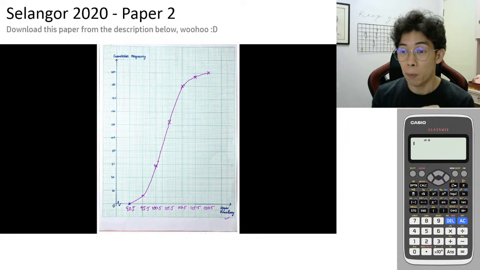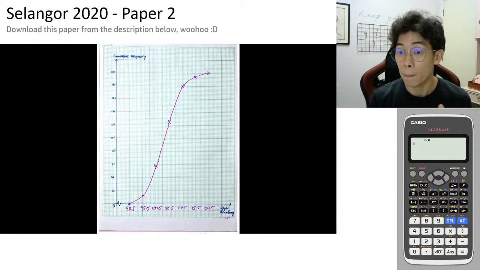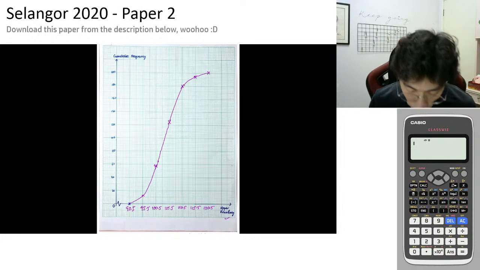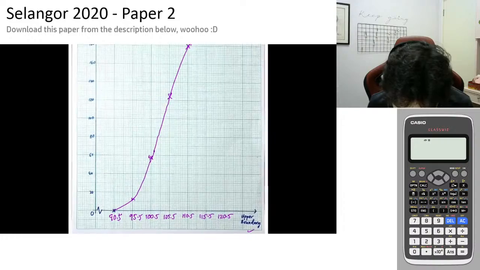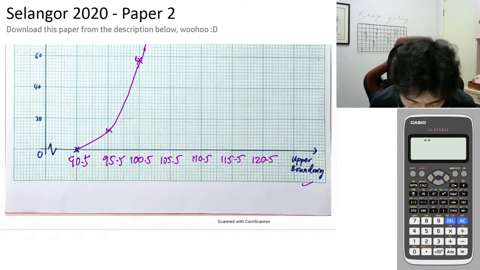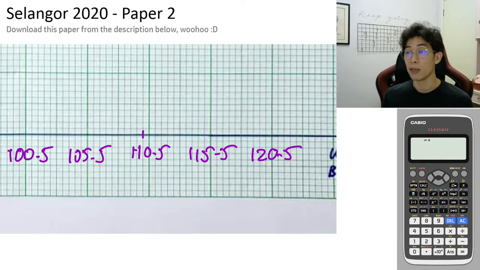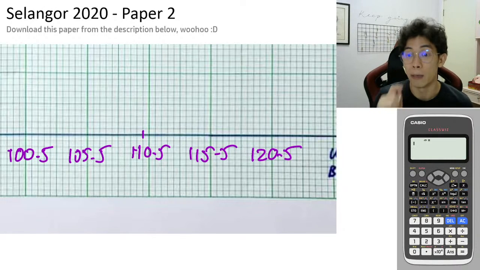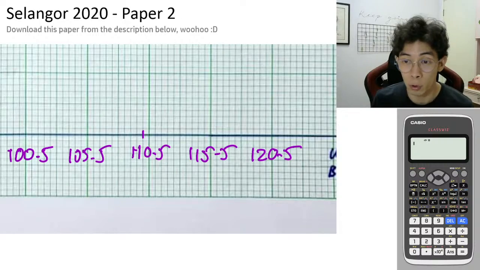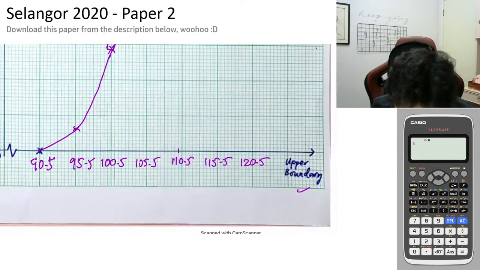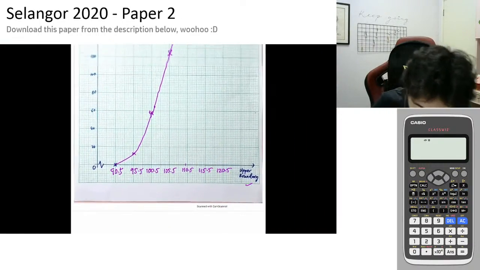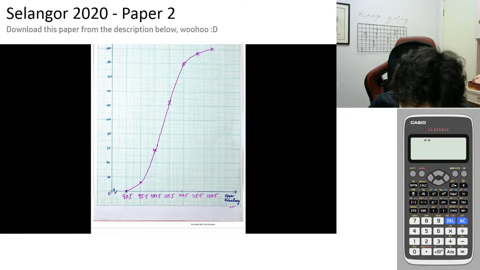You can use midpoint or upper boundary, lower boundary also can, but I will say midpoint is easier. So 110. Where's 110? It's right here, one box behind. So I will go up and draw a dotted line.